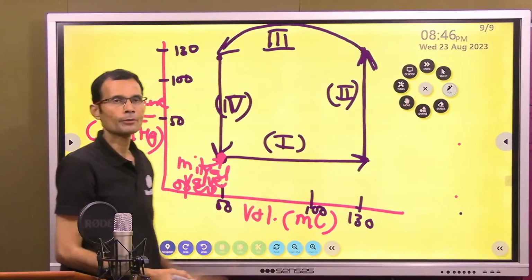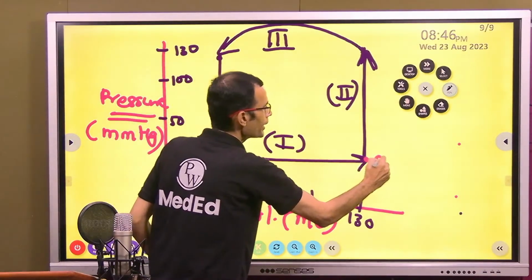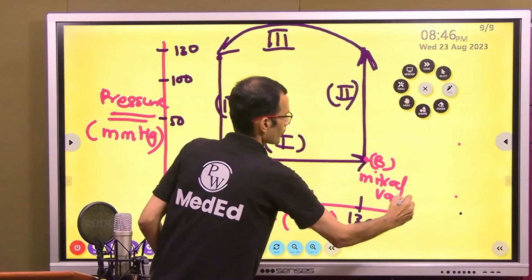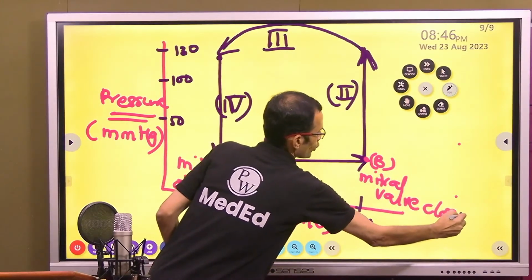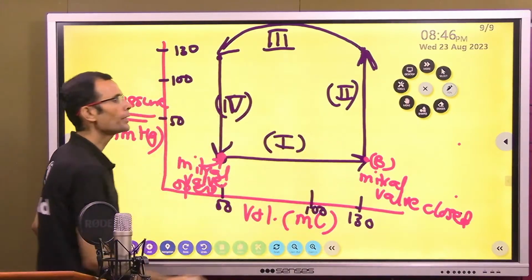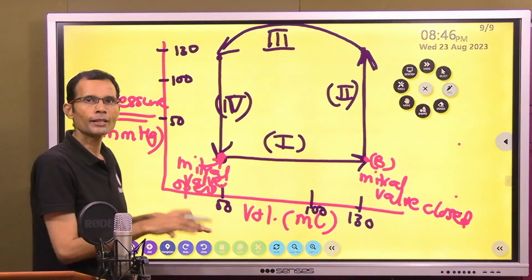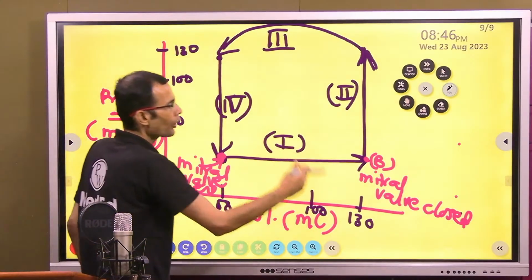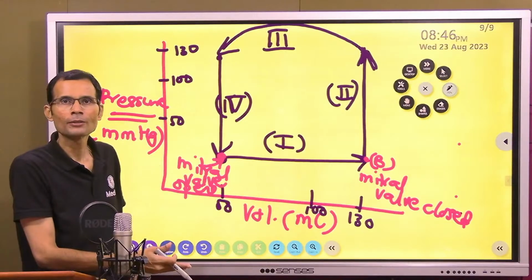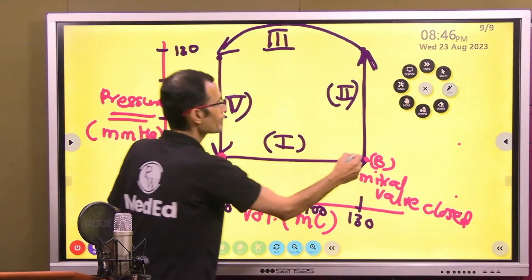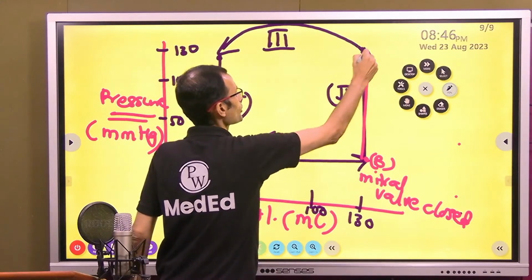Phase of filling will happen. Then at point B, the mitral valve closes. That is point B. And mitral valve closed means left ventricular filling is over. But the aortic valve is yet to open. So mitral valve closed, but aortic valve is yet to open. That means isovolumic.